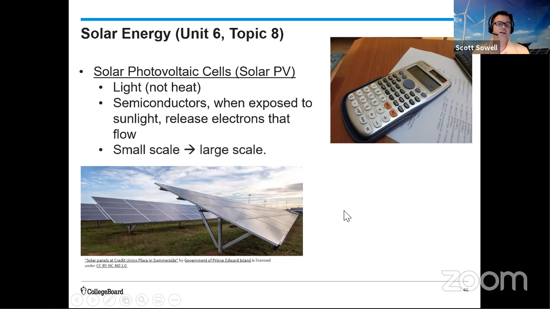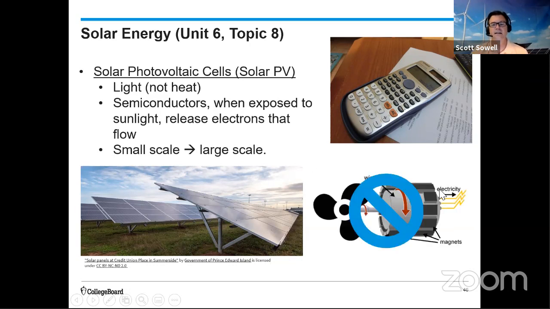And it can be on small scale, like even your solar calculator, or it might be a solar panel on your roof, or it might be a set of solar panels in a big field that's really large scale. But no matter which scale it is, we're not spinning a generator to make electricity. The electricity comes from the semiconductors in there that when light strikes it, moves the electrons around.